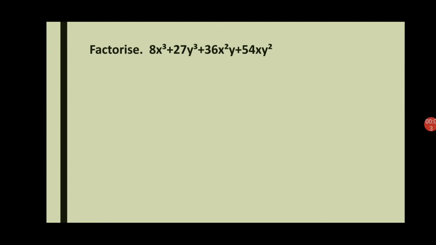Factorize 8x cube plus 27y cube plus 36x square y plus 54xy square. Here we can write 8x cube in the form of 2x whole cube plus 27y cube as 3y whole cube plus 36x square y plus 54xy square.